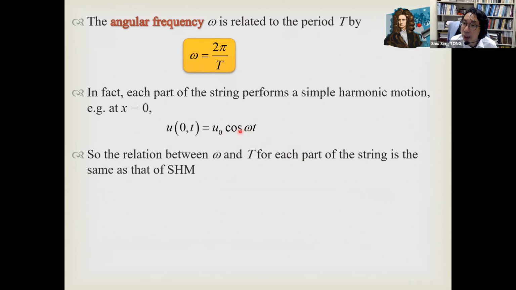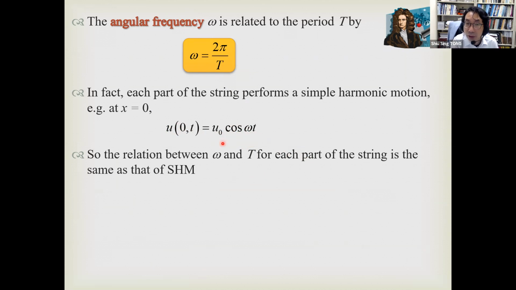And you can also see that when we are looking at a particular point on the wave, the particle there undergoes a simple harmonic oscillation. Because the position at x equal to 0 is a cosine function, which means that point vibrates up and down.